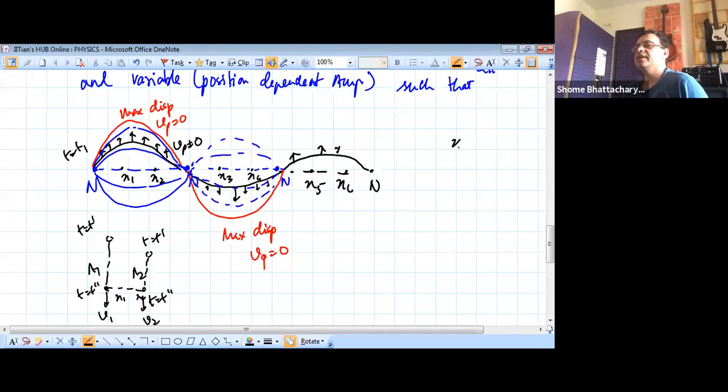You can also see that x1 and x5 are in phase as far as the oscillation is concerned. But x3 and x5 are out of phase, with a phase difference of pi.